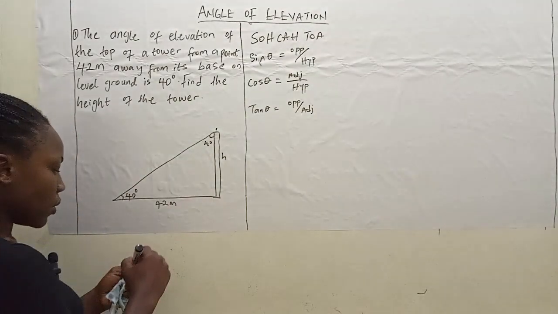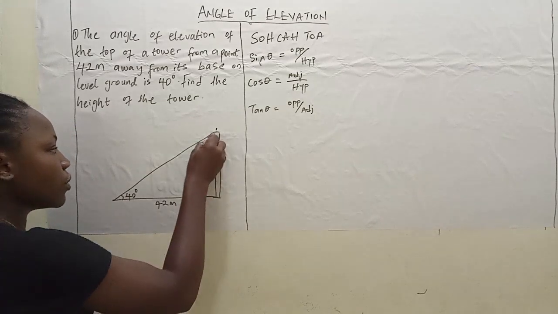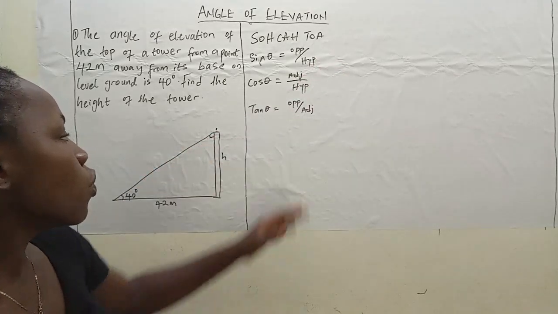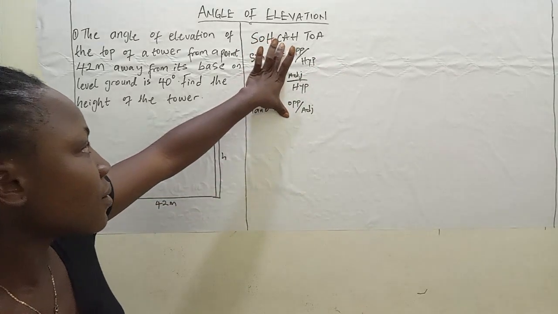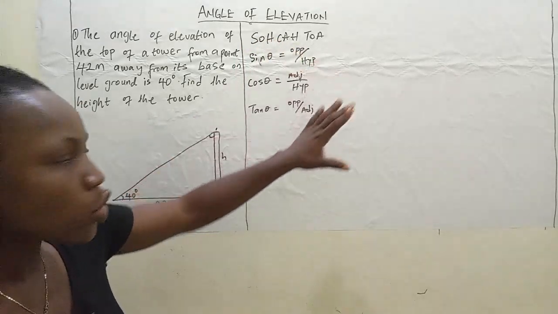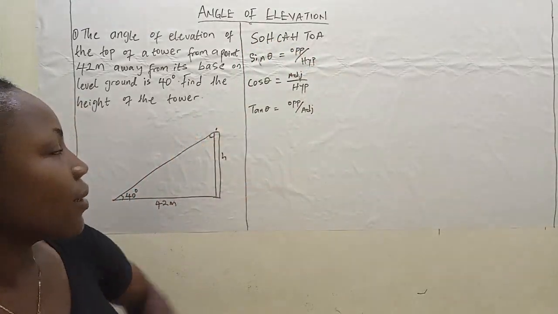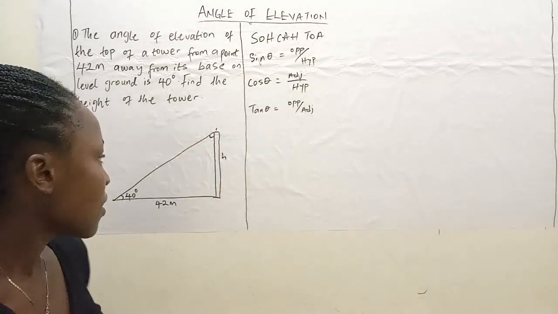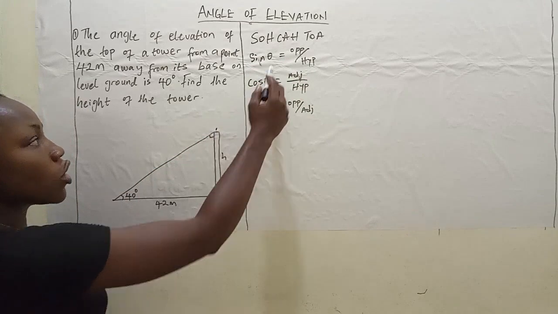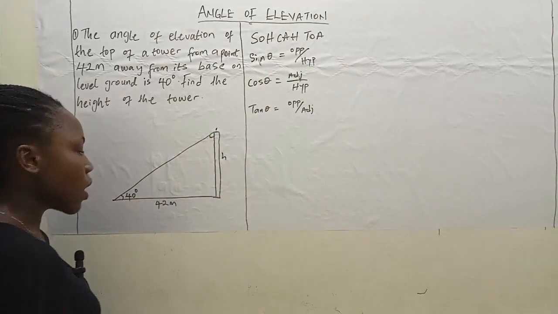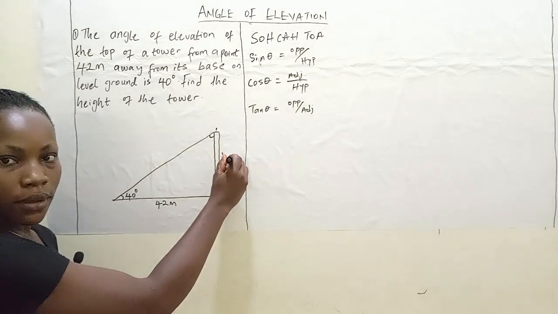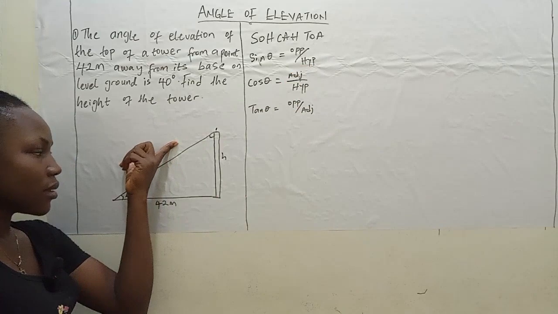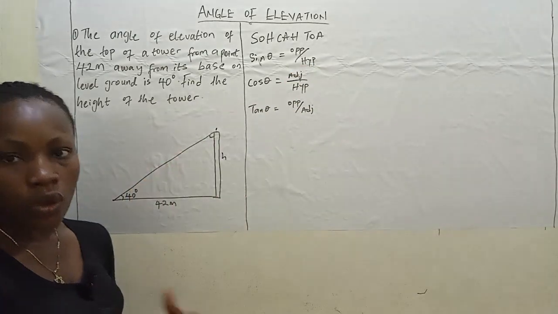Okay? Now let's continue. With this, we are going to pick one that we are going to use to solve this. Sin theta is equal to opposite over hypotenuse. Our opposite is here, that is unknown, while our hypotenuse is here, which is also unknown.